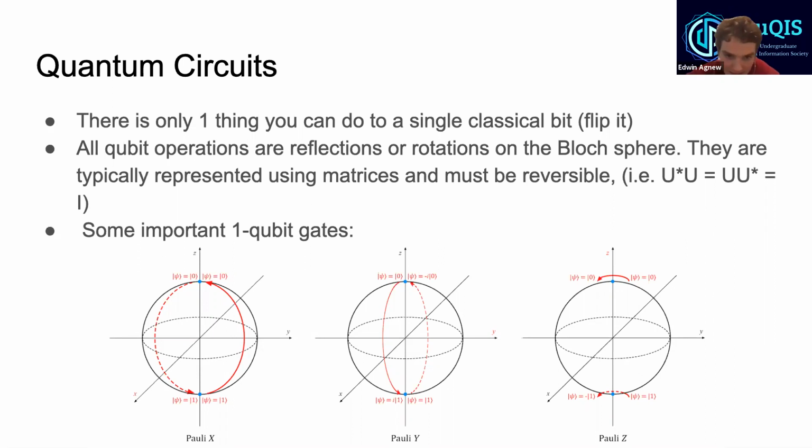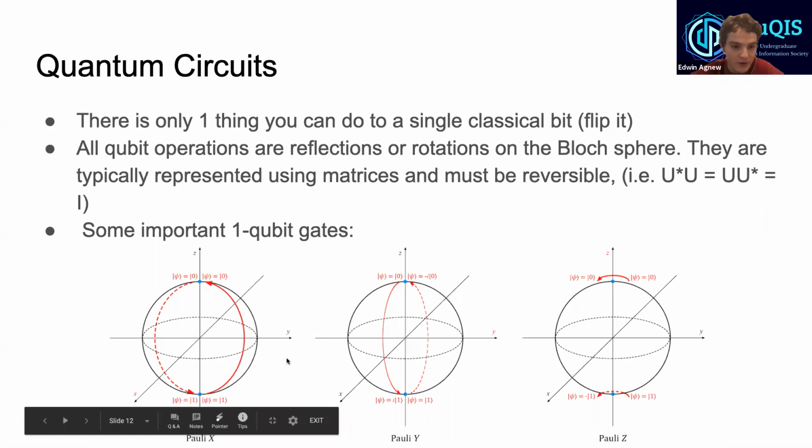The Y gate takes 0 to i|1> and 1 to minus i|0>. And finally, the Z gate, or the Zed gate, as you Americans would say, takes 0 to 0, and it takes 1 to minus 1. And notice that if you were to apply any of these twice, it'd be the same as doing nothing. And so we can see that they are very easily reversible.